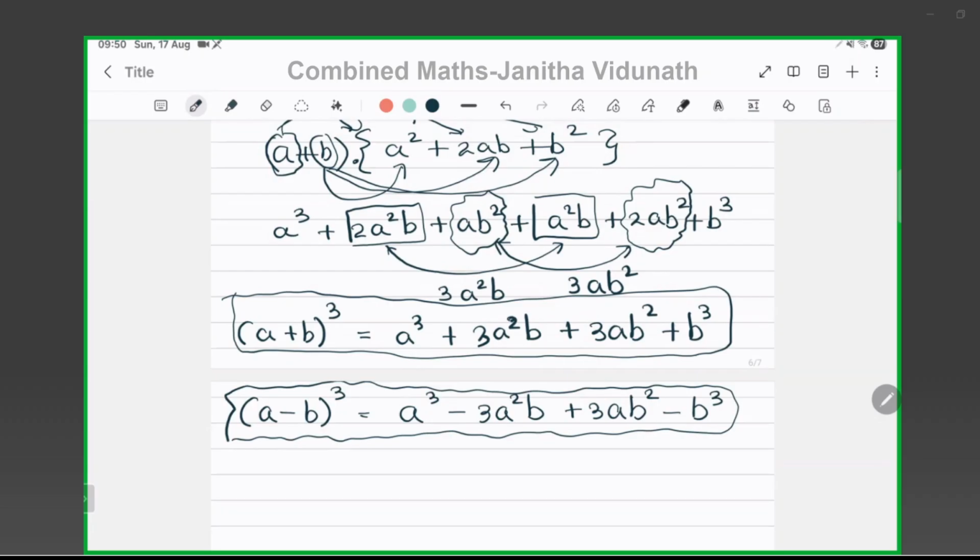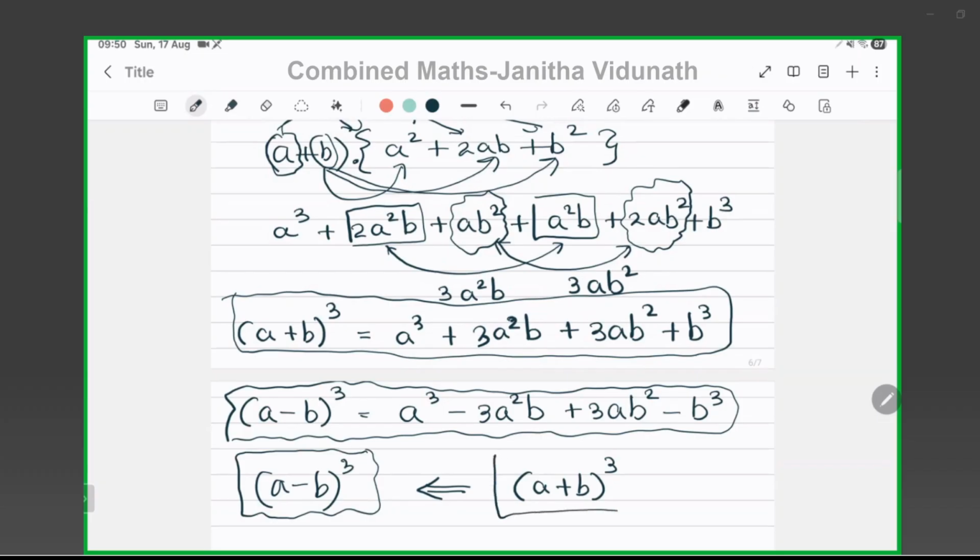Or simply we can deduce a minus b whole cube from the answer that we get for a plus b whole cube. Let me repeat again. Here we can deduce the final expansion of a minus b whole cube from the expansion of a plus b whole cube.